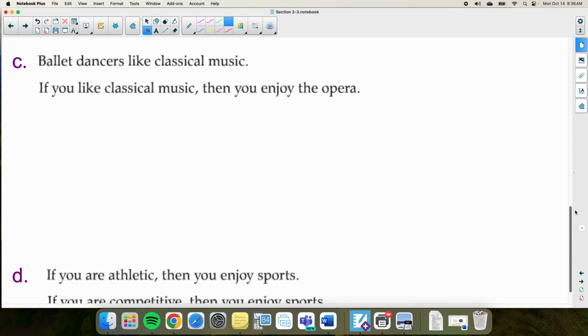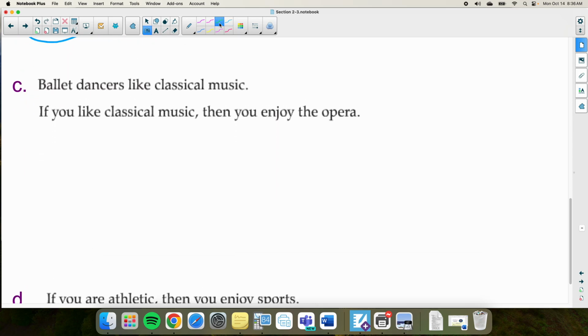Then if we go down to C, so what they'll do sometimes to confuse you is the top line won't be an if-then form. Regardless what law you're looking at, that top one has to be an if-then form. So what I'm going to do is do that first. I'm going to write that top one in if-then form right above it.